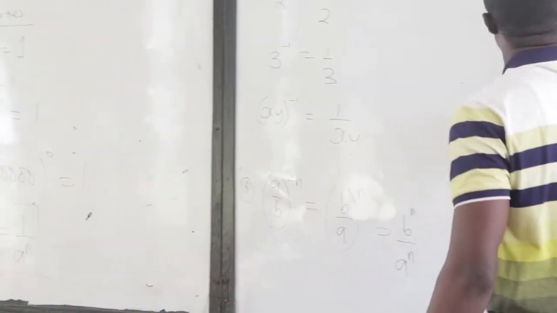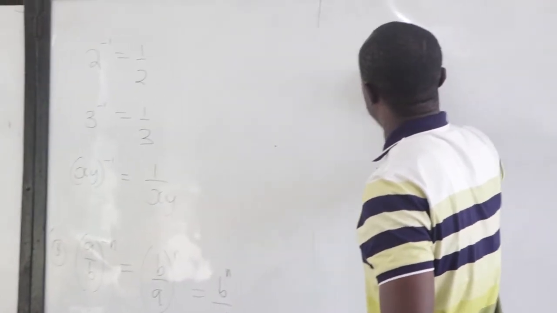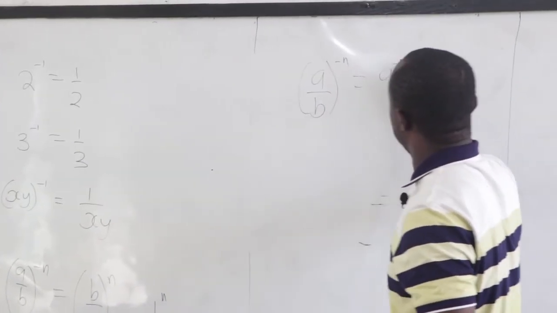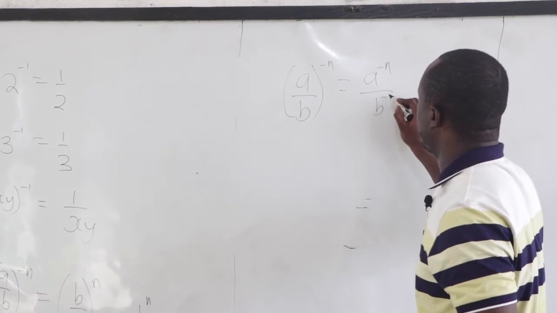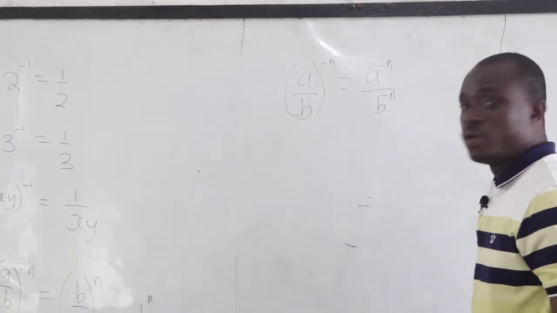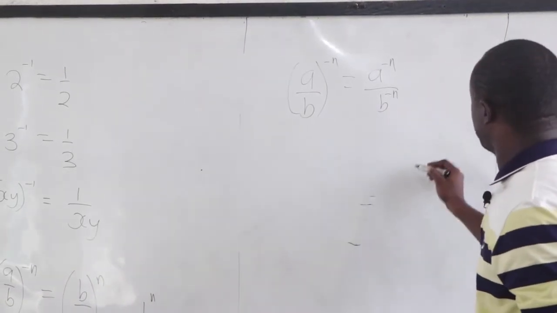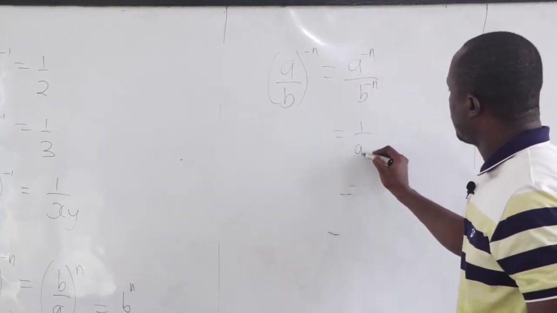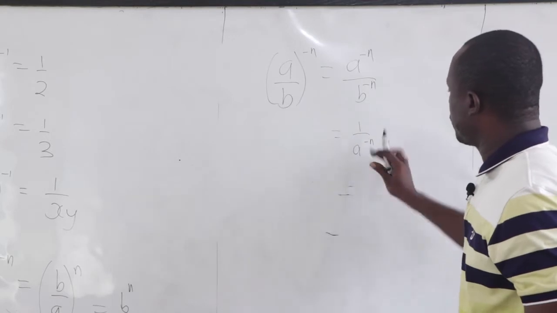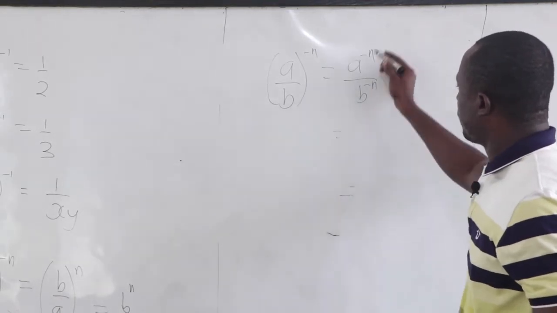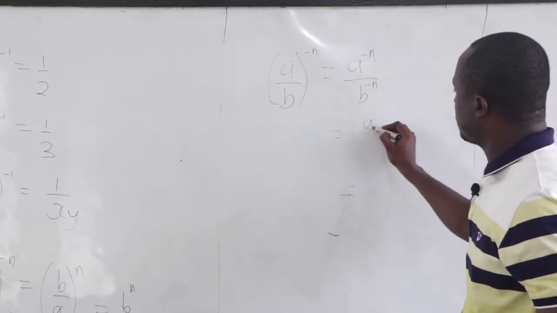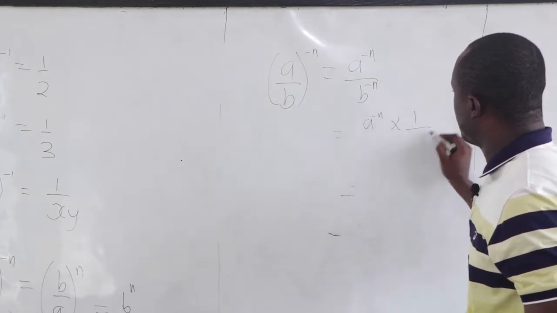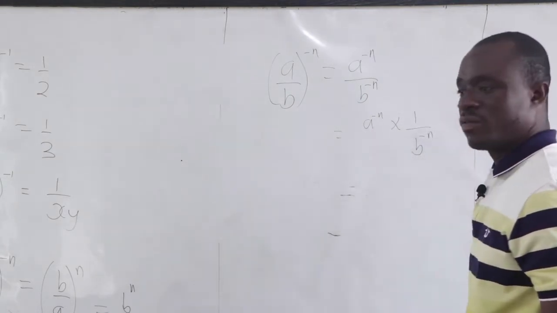Now let's see. If you have a over b all to the power negative n, this is the same as a to the power negative n all over b to the power negative n. And then we know that if you have a to the power negative n, this is the same as 1 over a to the power positive n. We have this written as a to the power negative n times 1 over b to the power negative n.